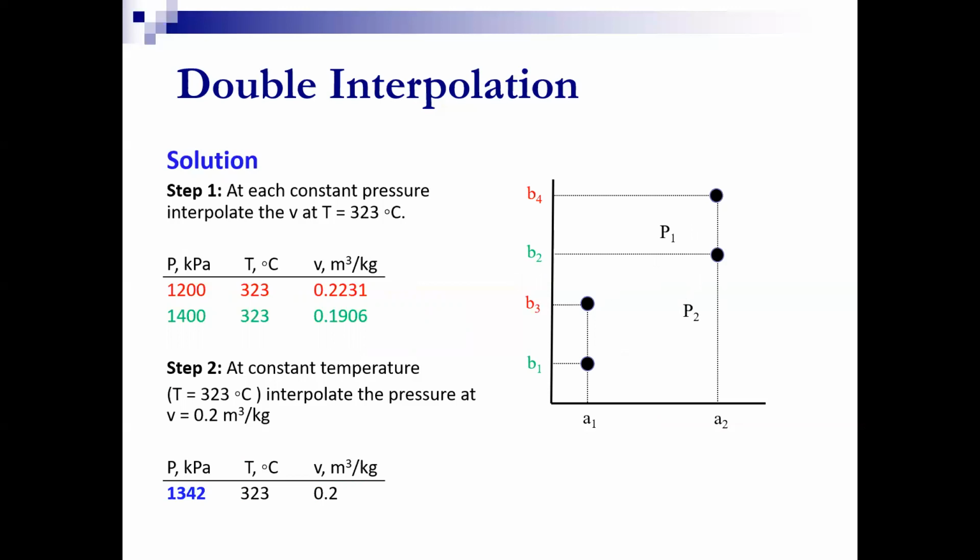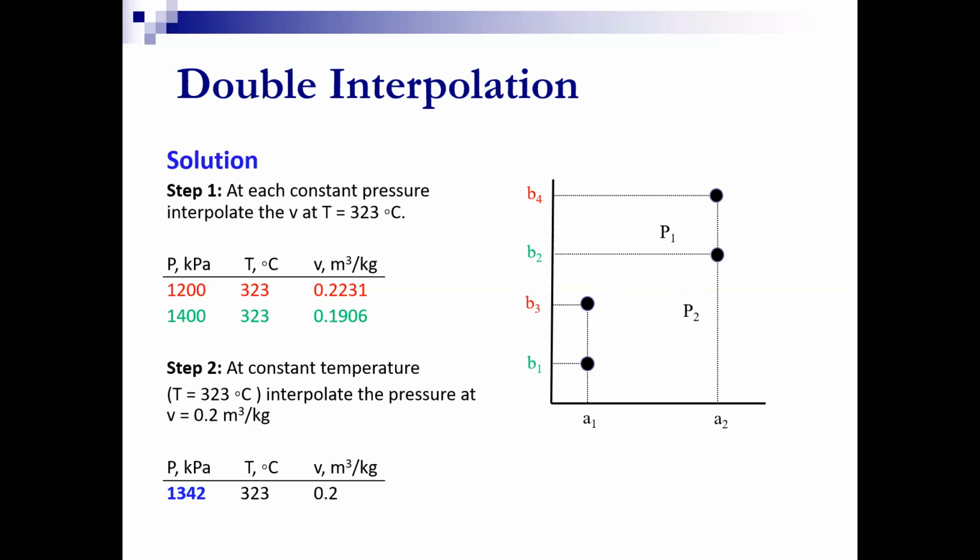At the first step, I look at each constant pressure and interpolate the V at the given temperature, 323 degrees. If I interpolate 320 degrees Celsius at 1200 kilopascal, just look at 1200 kilopascal.